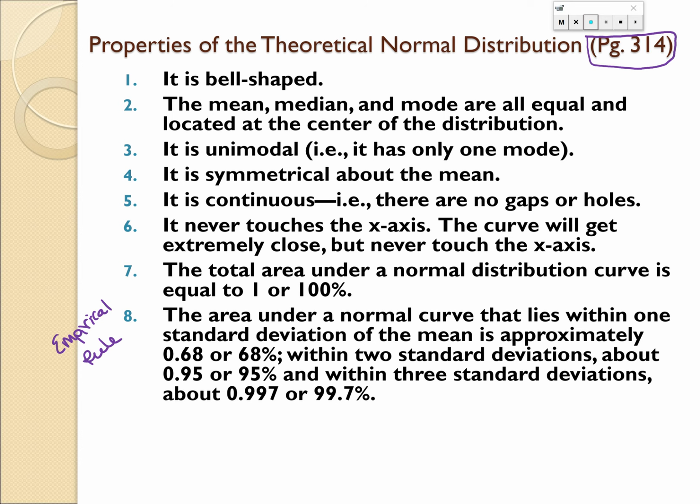So within one standard deviation of the mean, we're at 68% of our data values. So if we take our mean and we add one standard deviation, and we take our mean and subtract one standard deviation, 68% of our data values should fall in that range. We do the same thing for 2 standard deviations, and about 98% of our data values will fall in that range. And then within 3 standard deviations, about 99.7%. So the same percents we saw in our very first unit.